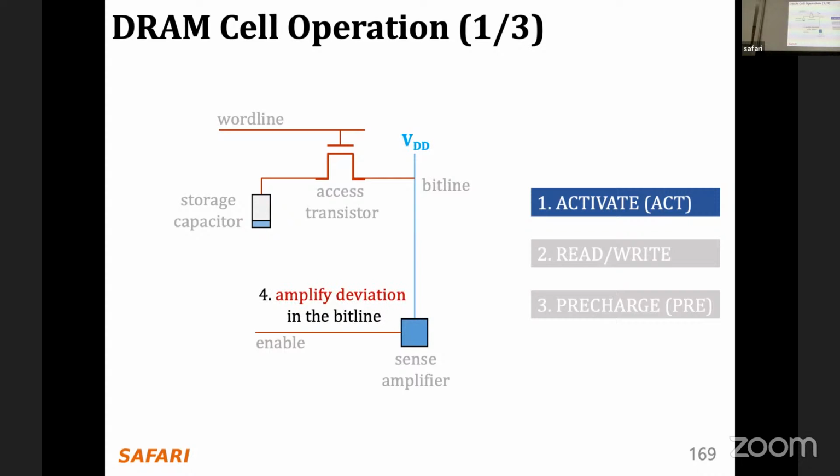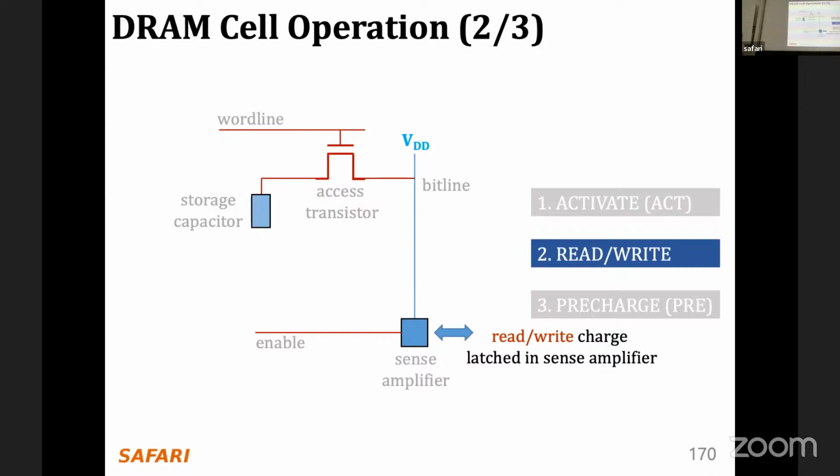The sensed perturbation is amplified, and the amplified data is restored into the DRAM cell itself. After the row is activated, the data is latched in the sense amplifiers, the local row buffer, and then the memory controller can issue several read and write requests to read portions of this data latched in the sense amplifiers.